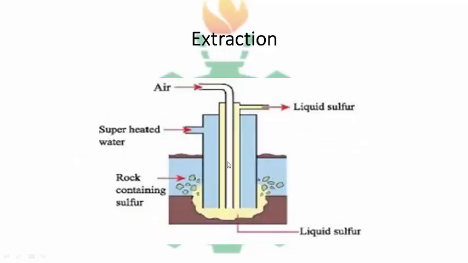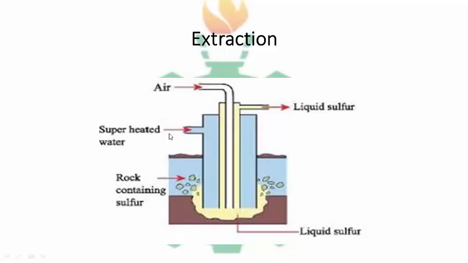This is a picture illustrating the extraction of sulfur. As you can see, this is the rock containing the sulfur. These are the 3 concentric tubes: the first, the second, and the third, and you can see the outlet of each of the tubes.